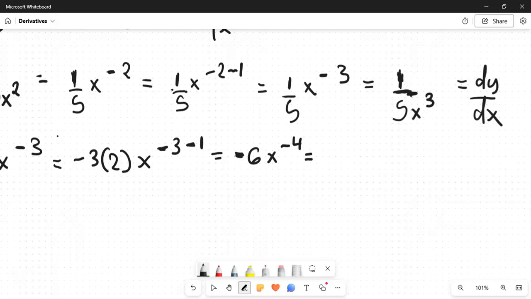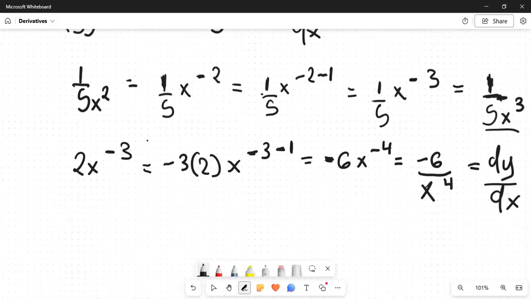But not so fast. We have to rewrite it like how we did it for this equation right here. So our full derivative here will be negative 6 over x to the power of 4. This is our answer. So how do derivatives help us?